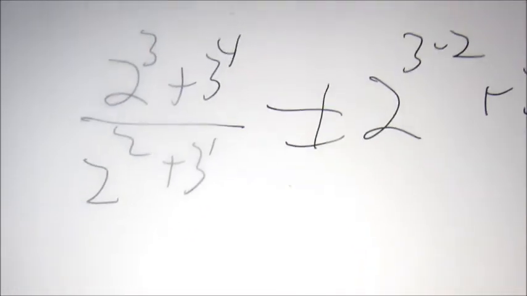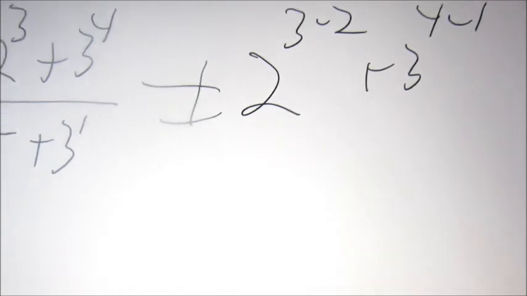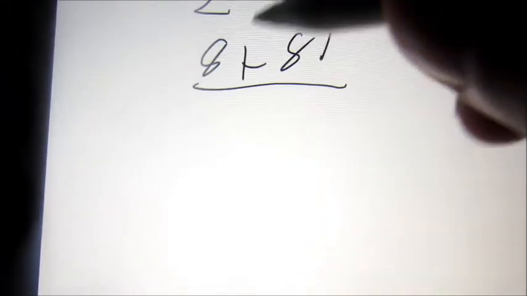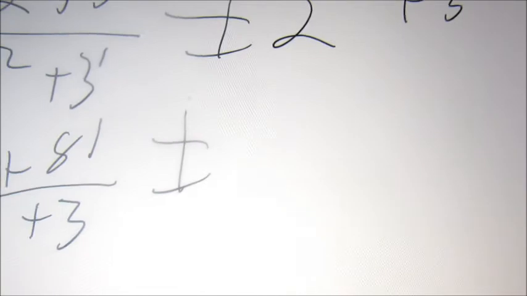So if we have a plus in here, we're not going to be able to do this as just each one separately. As proof, 2 to the 3 is 8, and 3 to the 4 is 81. 2 squared is 4, 3 to the 1 is 3, and that does not equal 2 to the 1 plus 3 to the 3.